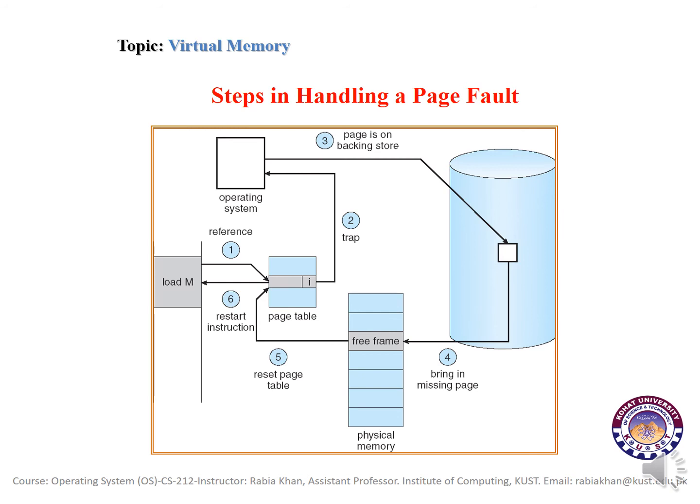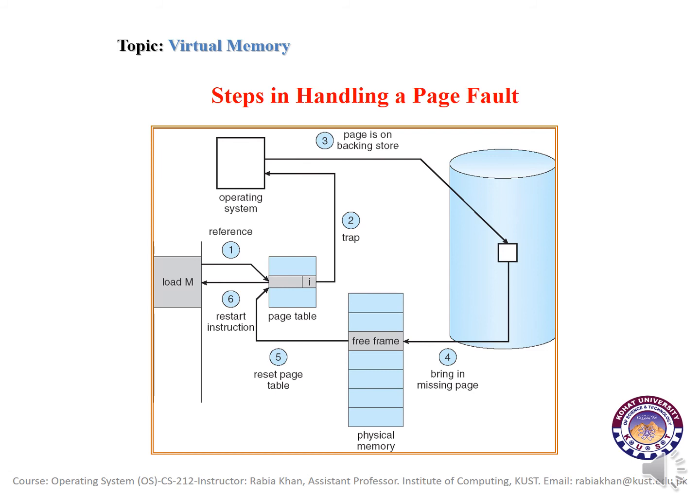If the page is found in secondary storage, the operating system has to then find a free frame for it in physical memory. So, in step 4, the operating system loads that page into the free frame in physical memory.